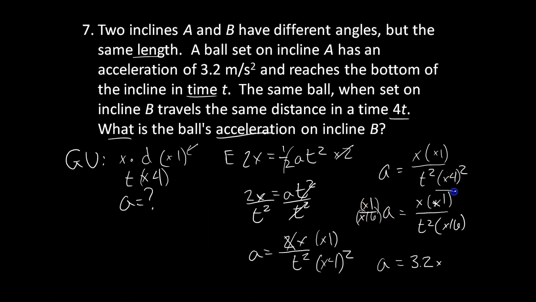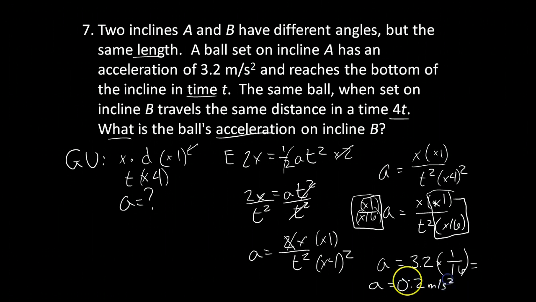Because this is 1 over 16, not a factor of 16, we multiply this by a factor of 1 over 16. And when we do that, we get acceleration is equal to 0.2 meters per second squared. Don't forget to put your units on there.